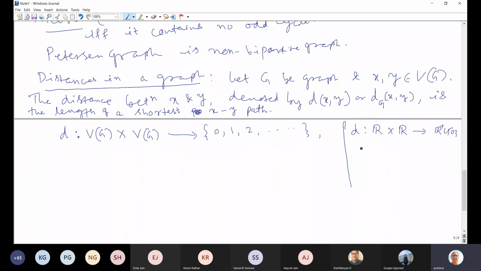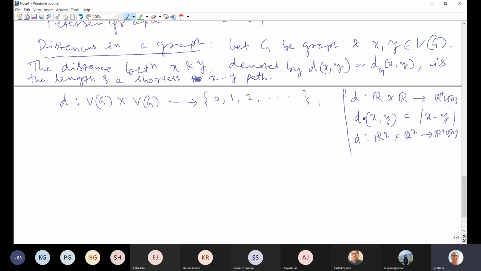One is the Euclidean distance. On real numbers, d(x, y) may be the absolute value of x minus y. Or if you define it on R2 cross R2, again to the non-negative reals, you have the Euclidean distance.